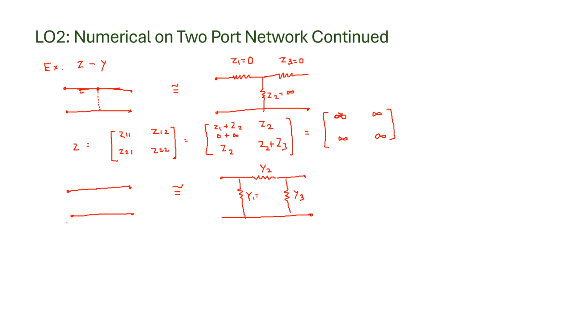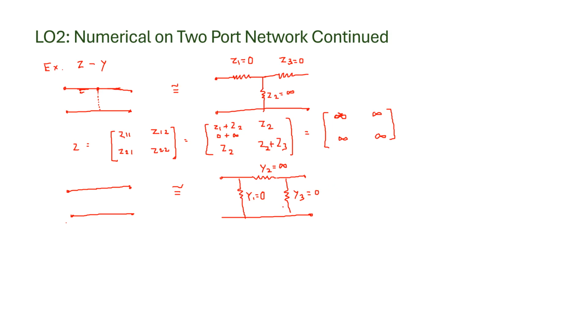Now y1 value you can see here, it is open circuit. So when it is open circuit, impedance will be infinity, admittance will be 0, and here it is short circuit. So y2 will be infinity, and y3 will be again 0.